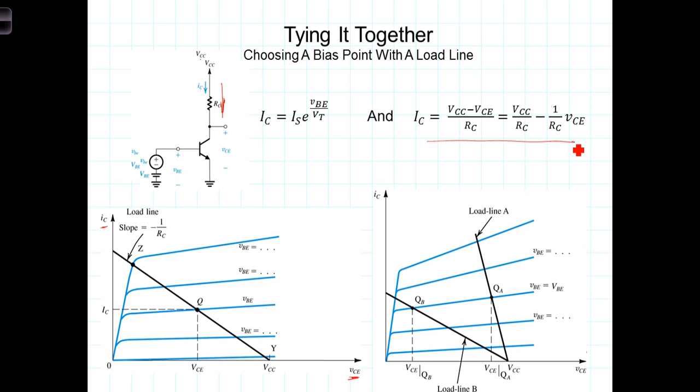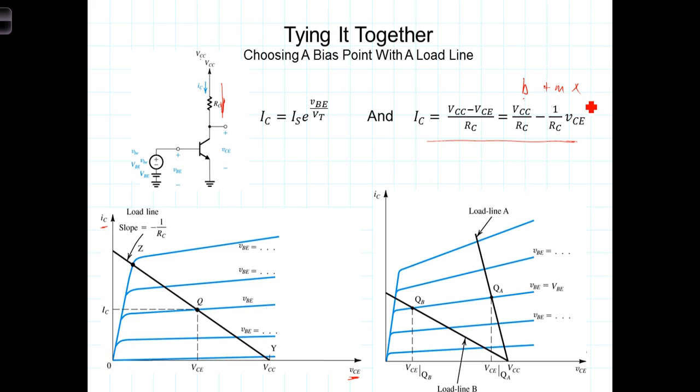The second equation is a linear equation in terms of VCE. And so superimposed on this I sub c graph is what is known as the load line. The load line is the graph of this equation where, as you can see, this is of the form y equals b plus mx.